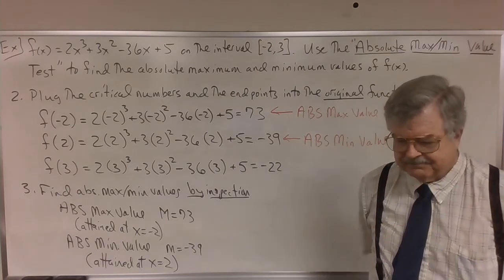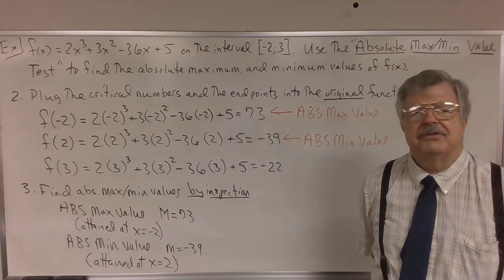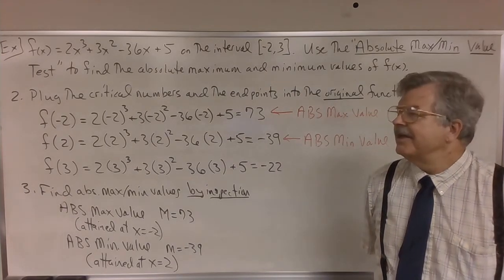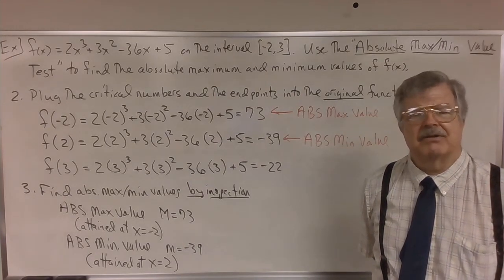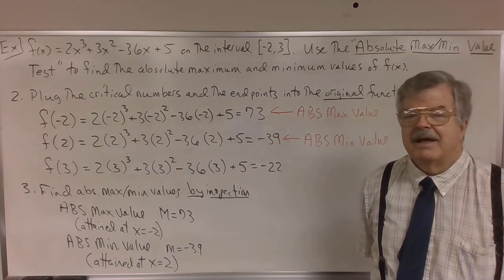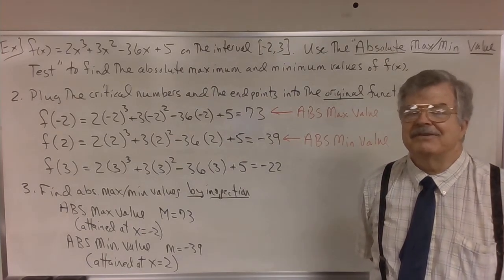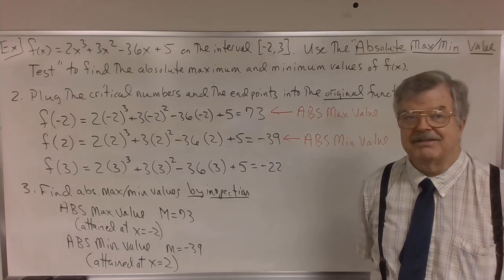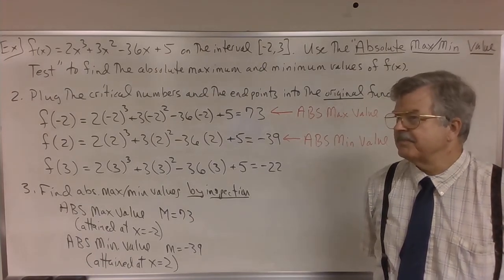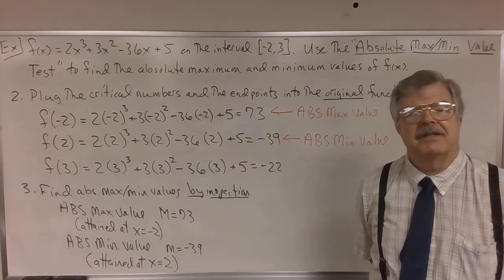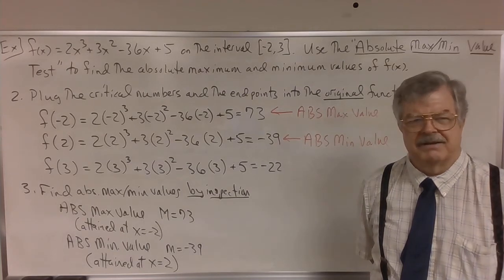Now, when I was a student, this bothered my mathematical conscience. This sounds funny to say, but it really did. This really bothered me. And I looked at this and I thought, this is a cheap trick.